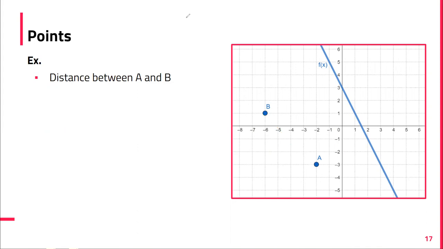What is the basic strategy to find the distance between any 2 points? What formula? And then what's the logic behind the formula? What's the reasoning? What does the formula represent?